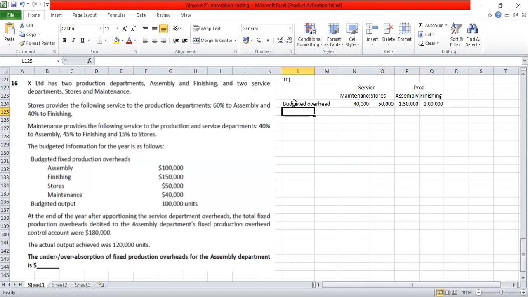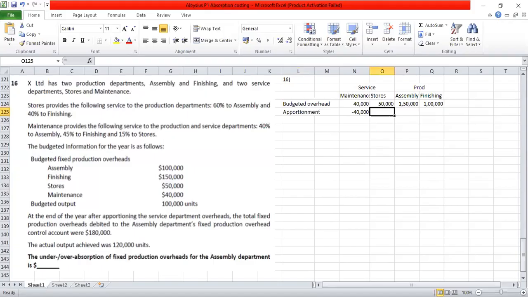After that, the apportionment has to start. The apportionment of the cost has to start. So first we start with the maintenance. Maintenance is okay. So apportionment. So take 40,000. Charge it to all the other departments.